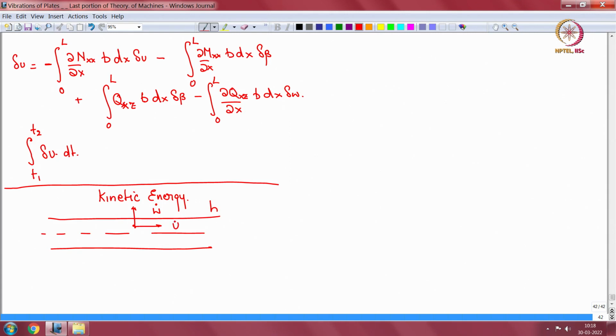Now we are doing pure bending here. That means the axial displacement u is equal to z beta. There is no mean axial displacement of the neutral axis, that is what is pure bending. So u dot is z beta dot.